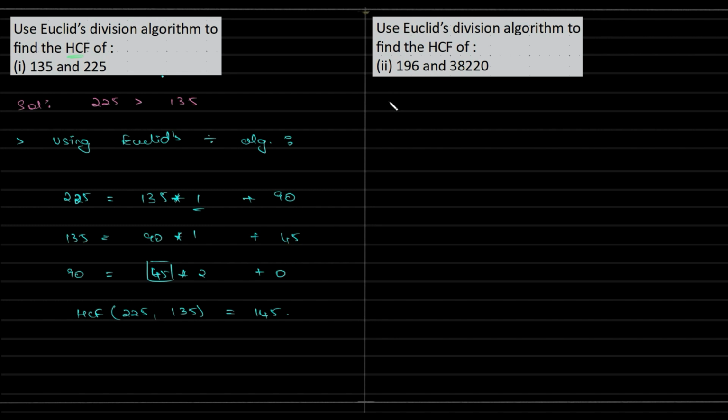One more question. Given 38220, which is greater than 196, so we are going to use Euclid's division algorithm. We have 38220 is equal to 196 into something plus something.